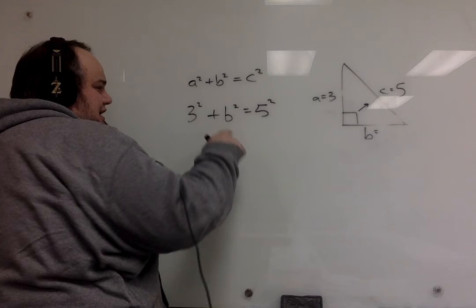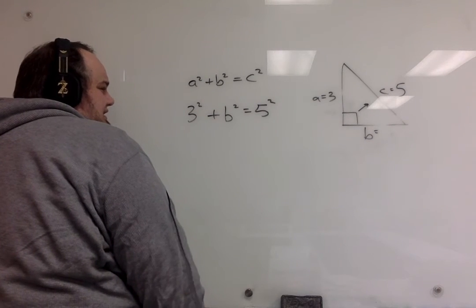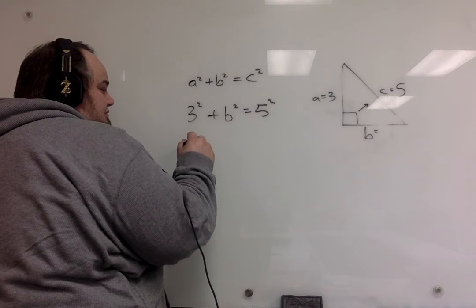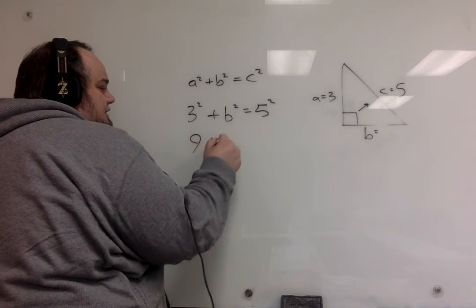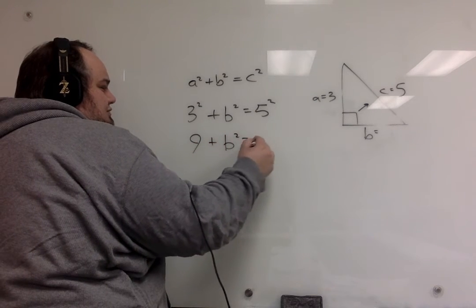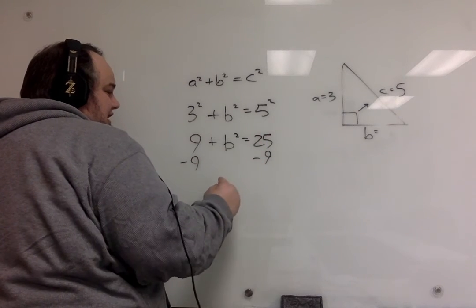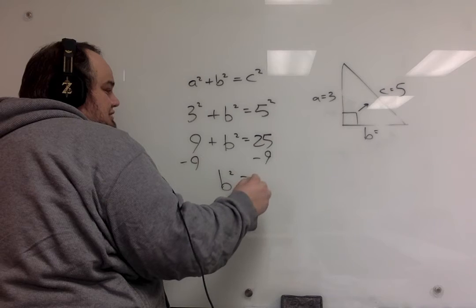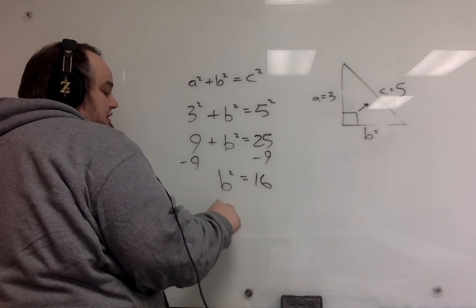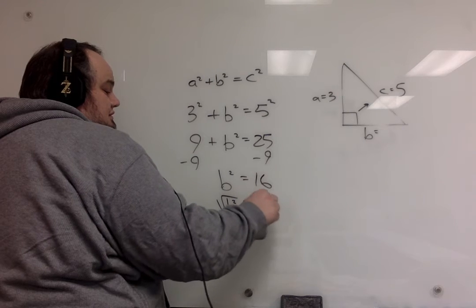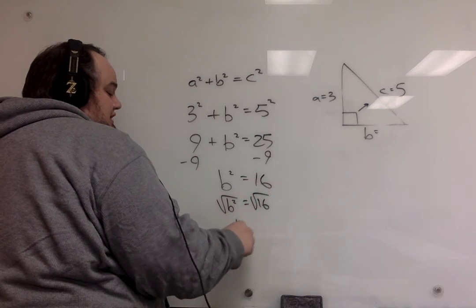Make sure that your b doesn't look too much like a 6. Otherwise you might say 3 squared plus 6 squared, and you'd get that wrong, of course. So b squared equals 25 minus 9, meaning we subtract 9 from both sides and get that b squared is equal to 16. Take the square root of b squared and the square root of 16. Here we get that b is equal to 4.